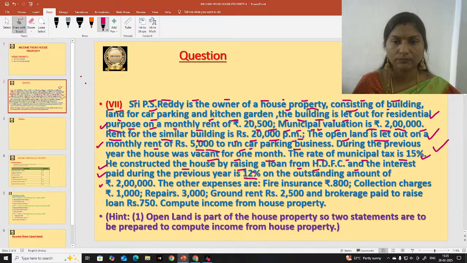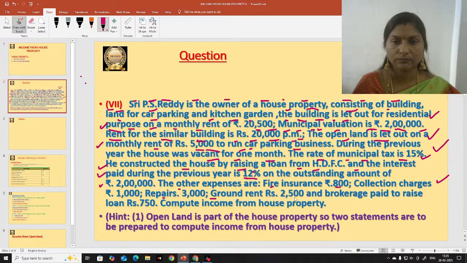Okay, so next, what are the other expenses here? The other expenses are given here. Fire insurance, how much is it? 800. We don't write fire insurance anywhere else. Collection charges also we don't record. Next, repairs. Repairs also we don't take anywhere else. Next, ground rent.